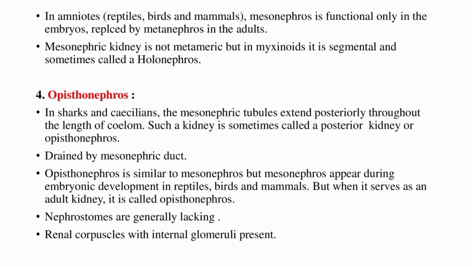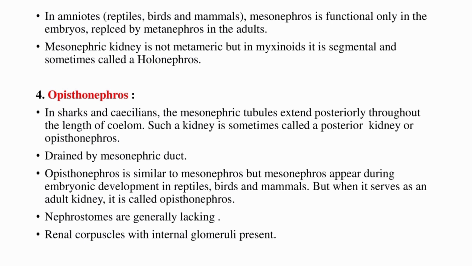Next, fourth one, opisthonephros. In sharks and caecilians, the mesonephric tubules extend posteriorly throughout the length of the coelom. Such a kidney is sometimes called a posterior kidney or opisthonephros.